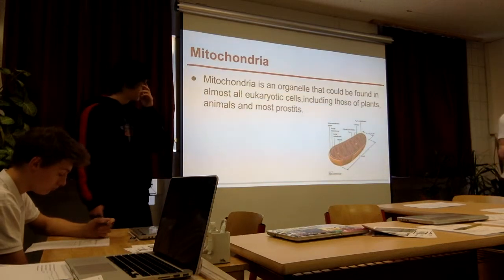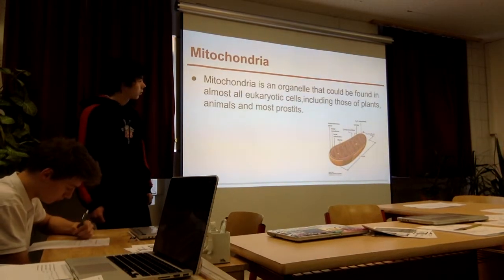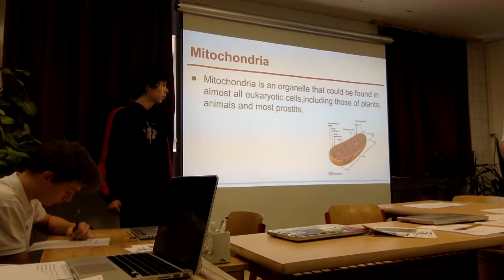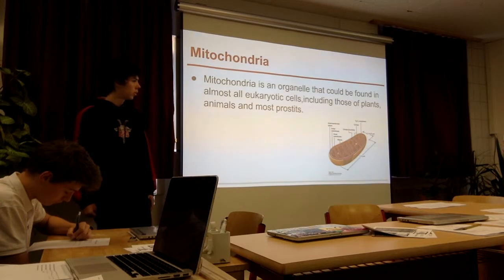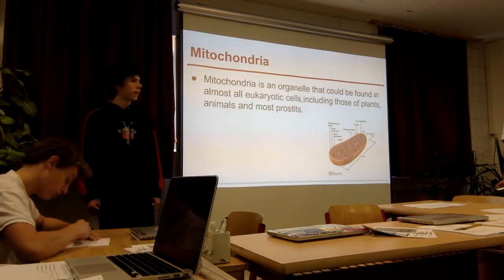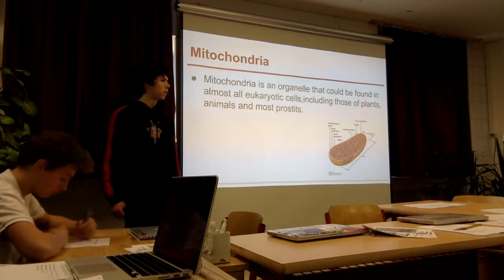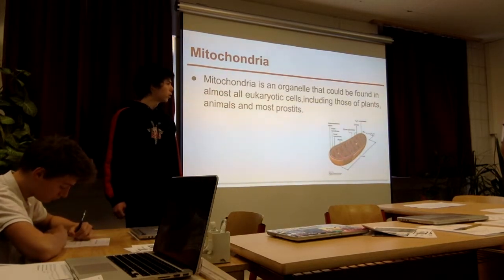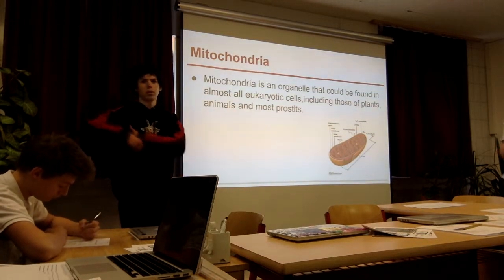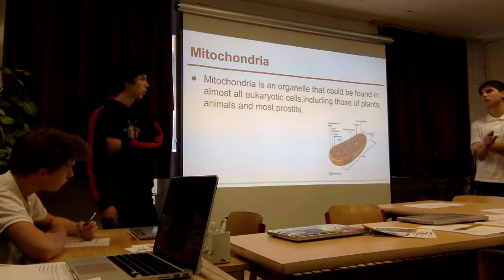So, mitochondria is an organelle that could be found in almost all eukaryotic cells, including those of plants, animals, and almost all protists. A cell can have only one huge mitochondrion, but usually it has hundreds and even thousands of little mitochondria.